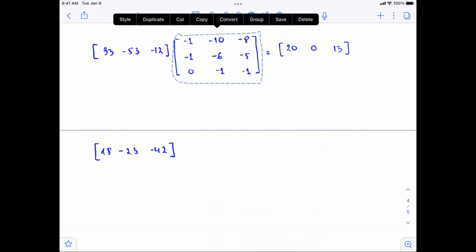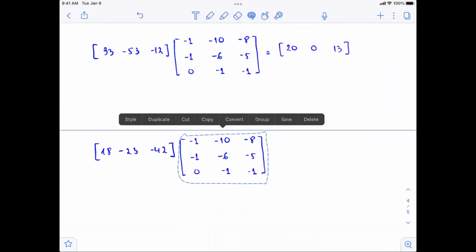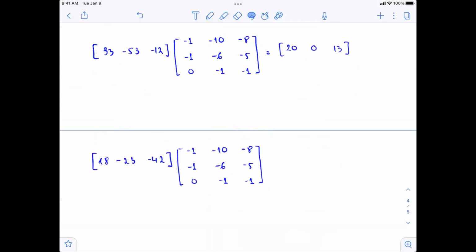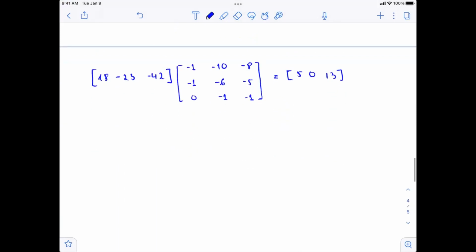So let me make a copy of A inverse. And you get the decoded row matrix of the form 5, 0, 13. Right. The next coded row matrix is 5, negative 20, 56.